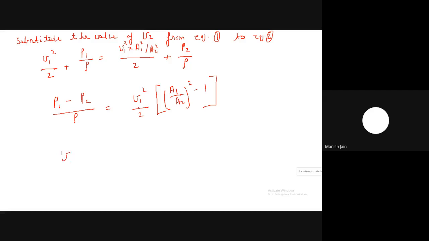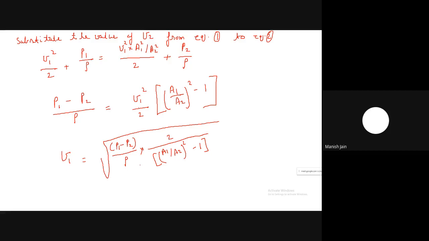So V1 becomes under root of P1 minus P2 divided by rho multiplied by 2 divided by (A1 by A2) whole square minus 1. Okay, so this is the value of V1.